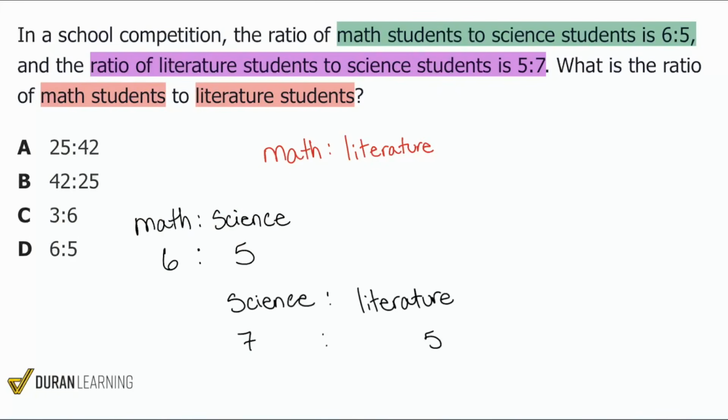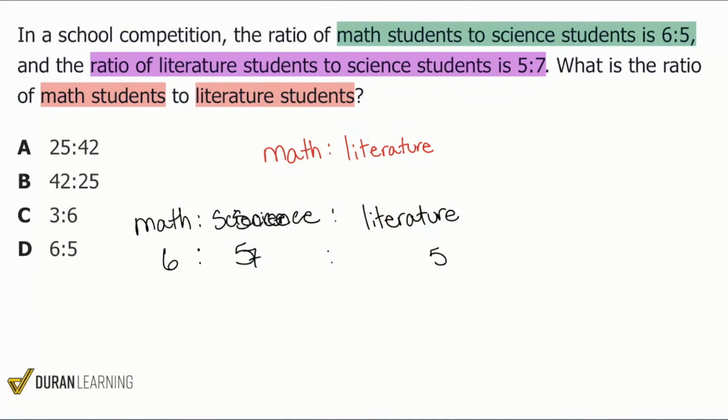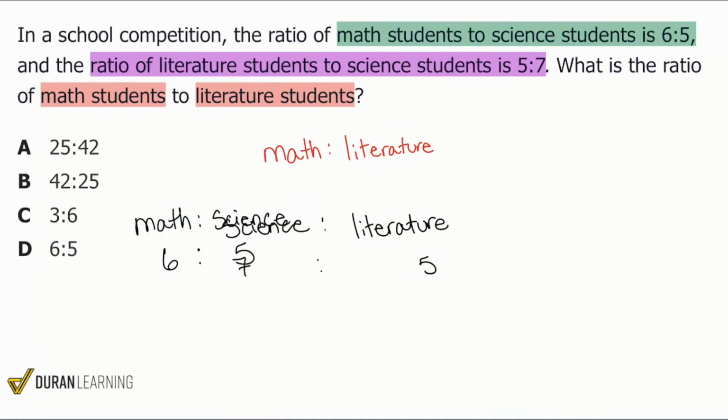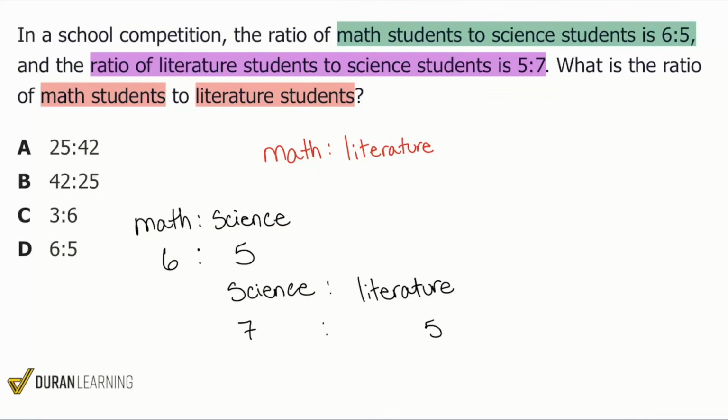They are not, everybody. So can I magically overlap these and then magically say, oh yeah, 6-5, math to literature, 6-5? No, we can't. Because we're not comparing the same things in the same way.